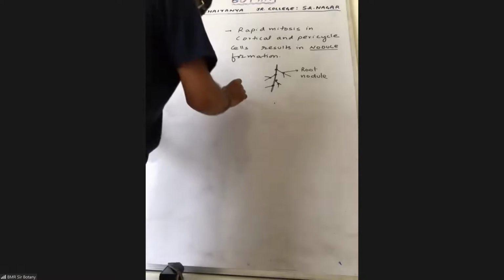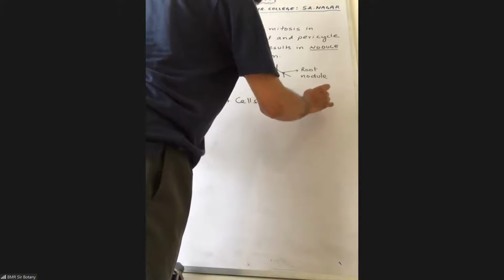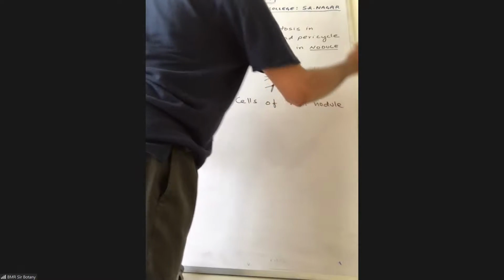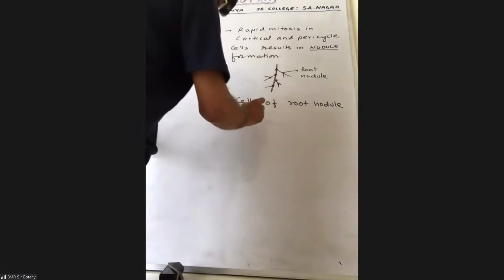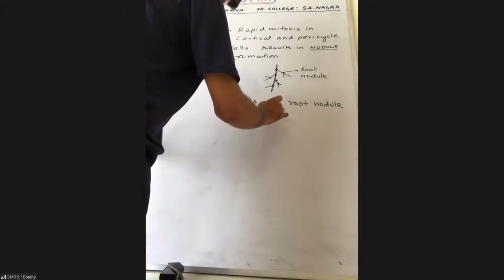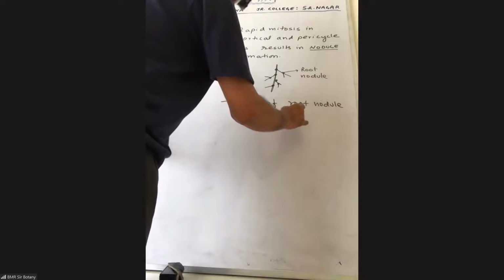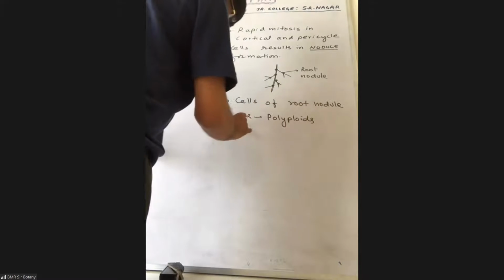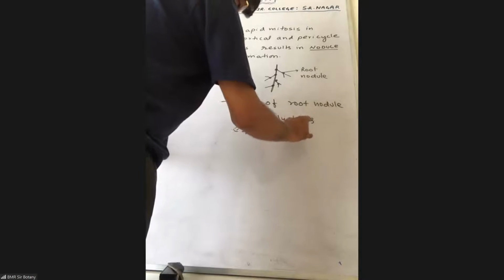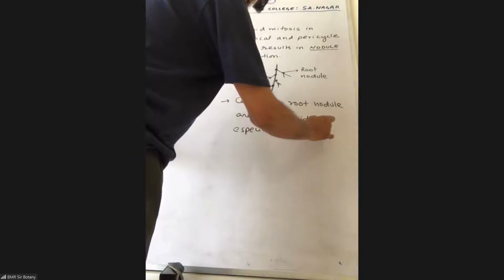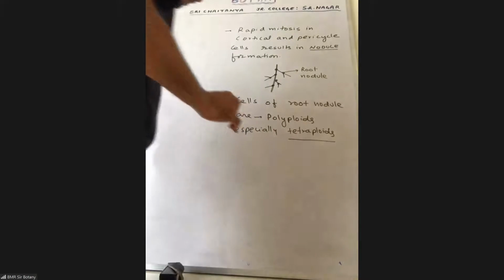The cells of the root nodule are cytologically special also: mostly polyploids, within that especially tetraploids. So the number of chromosomal sets increases in the cells.